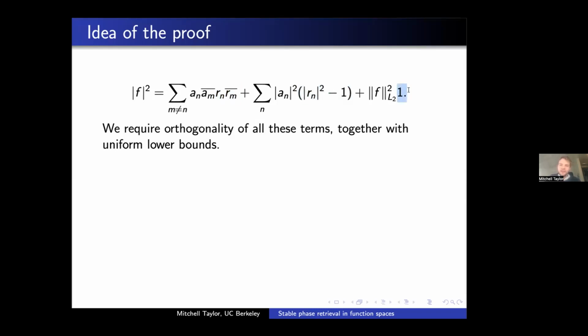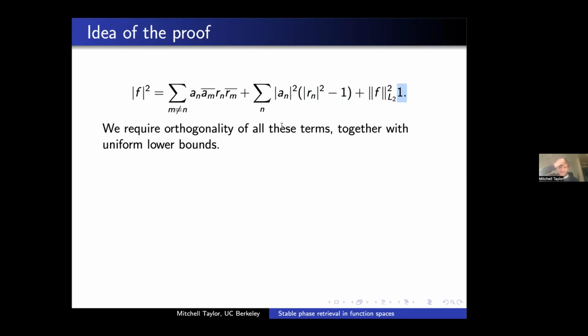Let's assume all our functions have mean 0, and that these are orthogonal to this and all orthogonal to this. And then let's also assume that all these functions have uniform lower bounds. Let's say their norms are all bigger than some delta. And if you make all these assumptions, you might say a priori, how am I ever going to verify these?